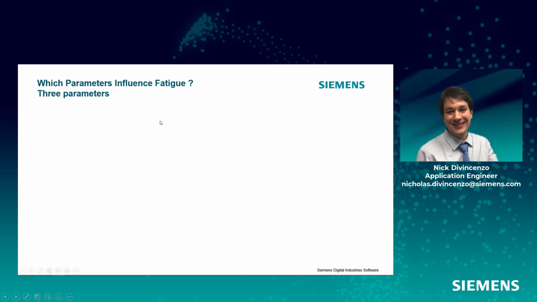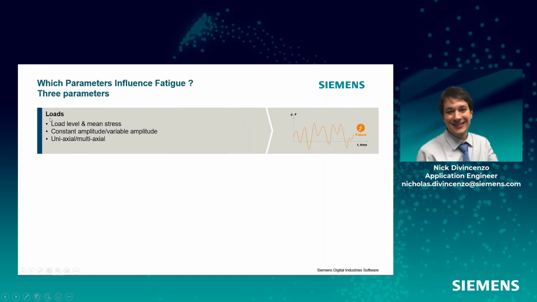So there's three general parameters that influence the fatigue life of a part or of a component. The first one is the loads experienced by the part. The obvious ones here are the load level.